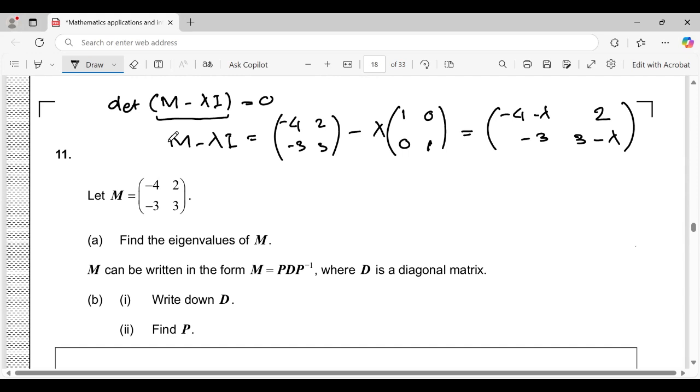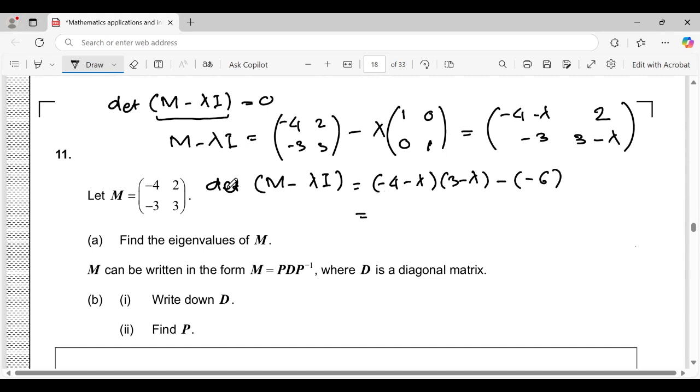So the determinant of M minus lambda I equals this element times this element, minus 4 minus lambda times 3 minus lambda, minus 2 times minus 3, which is minus 6.